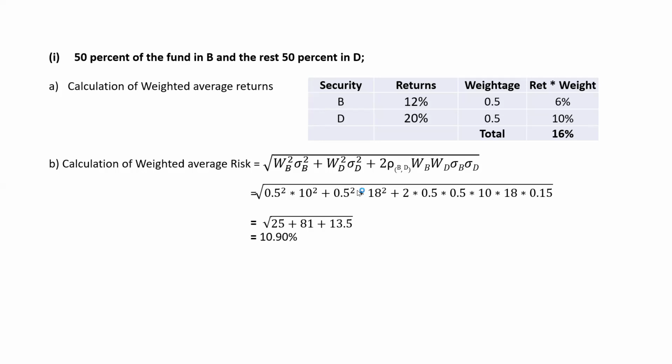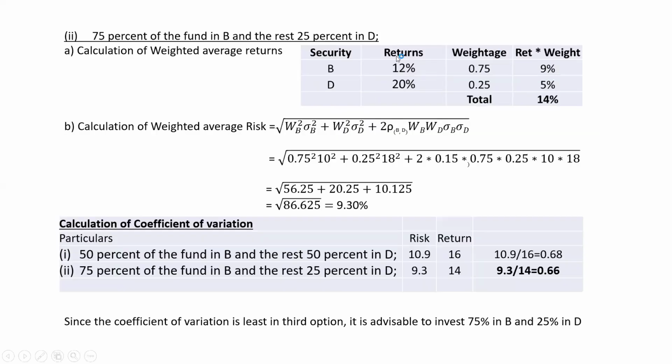So you can see here, only what has changed is the weightage. Weightage has become 0.75 and 0.25. So you have got the weighted average returns, which is 14%.